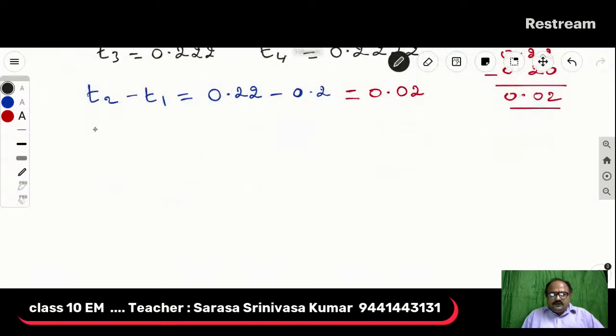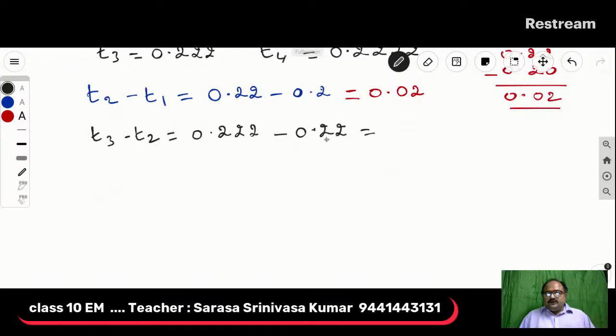Now, T3 minus T2. What is T3? 0.222 minus 0.22. T2 is 0.22.